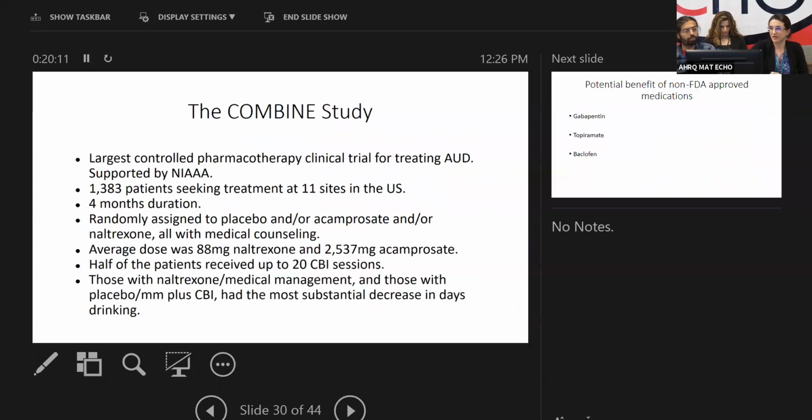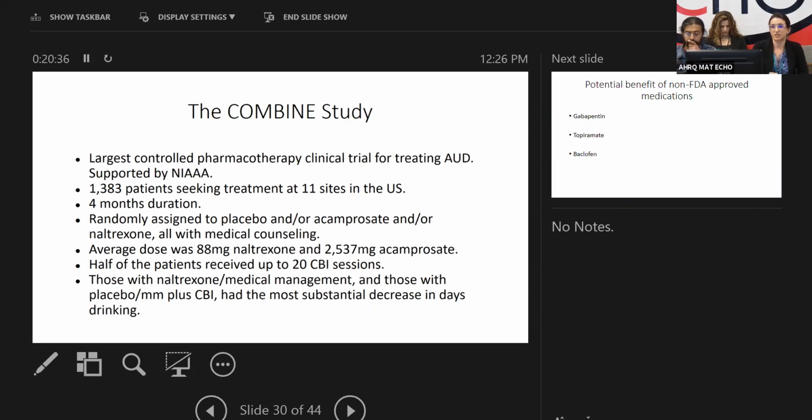And then just to touch upon the COMBINE study, this does come up a fair amount because this was really the largest clinical trial in the US, at 11 sites, and it basically looked at different combinations of placebo, acamprosate, and naltrexone, all with medical counseling and the visit with the provider, and then with or without the cognitive behavioral sessions.